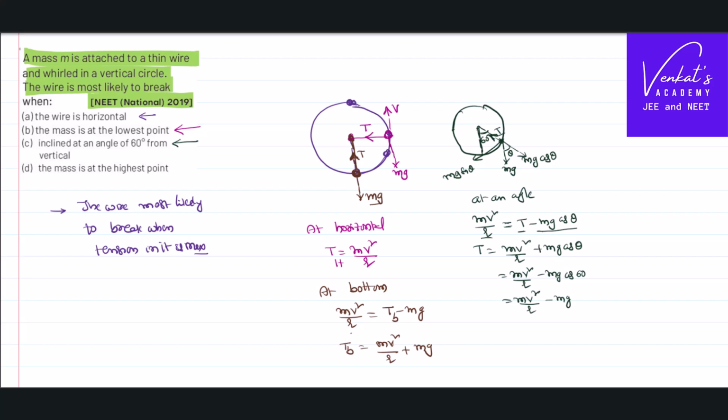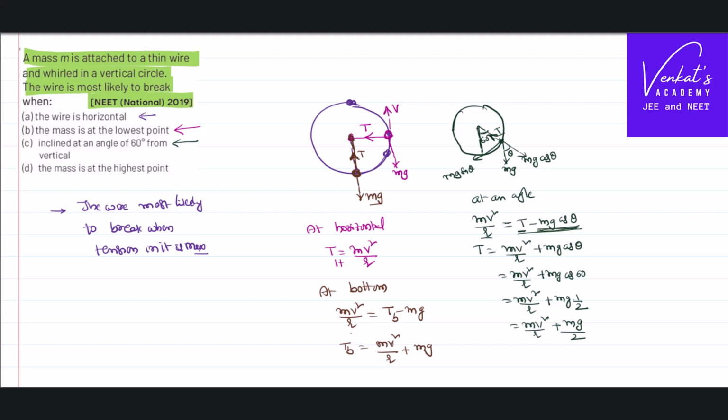Be careful. Cos 60 is 1 by 2. So this is mv square by r plus mg by 2. Have you noticed it? To get the tension, I have to take this to the other side; minus on this side becomes a plus when it goes to the other side.